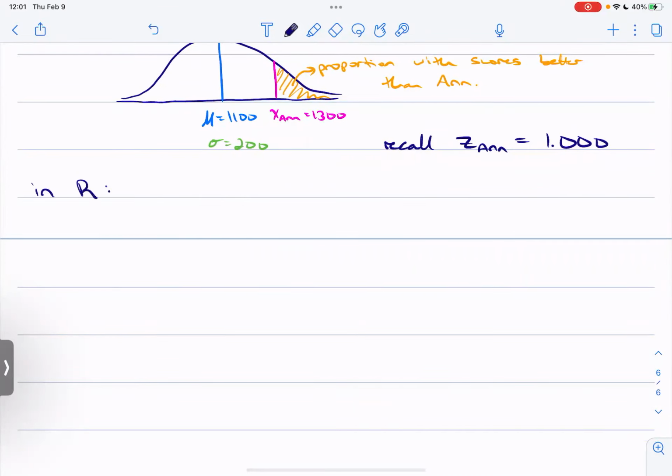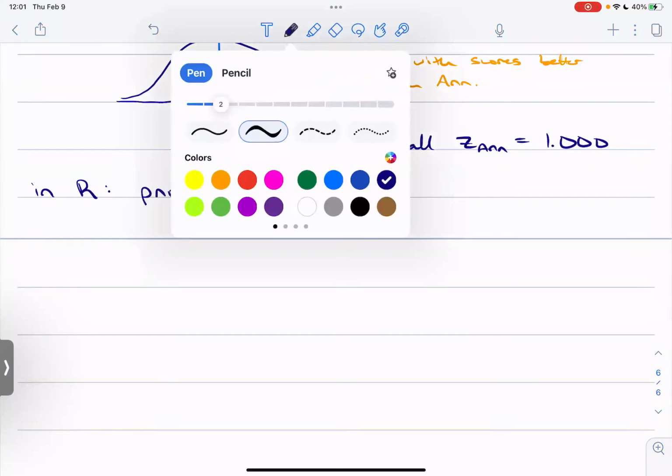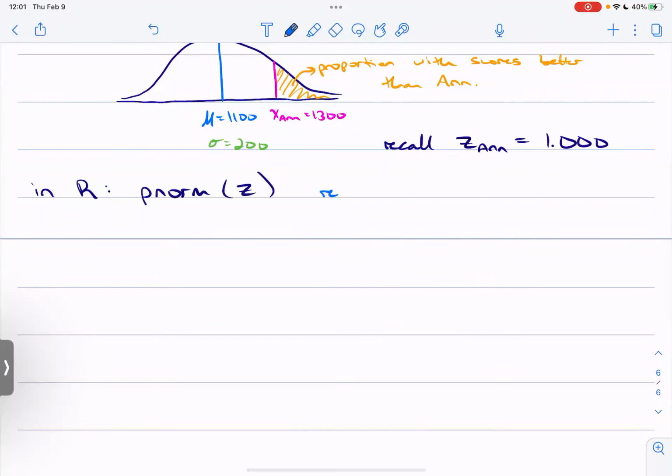Okay, so in R, you're going to write, there's a pnorm command. So the p stands for probability, I think, and the norm just is the normal distribution. Okay, so the pnorm command takes a Z value. Okay, so it's going to look like this, and this returns the area to the left of the Z that you entered.